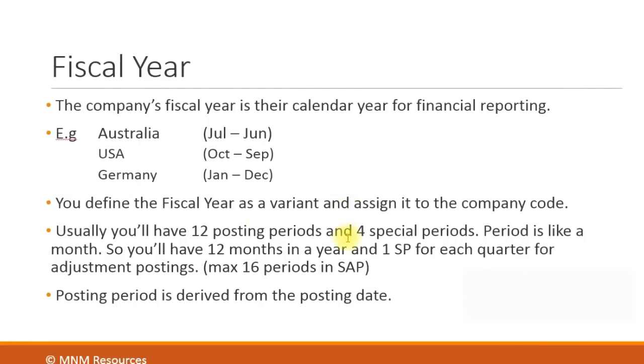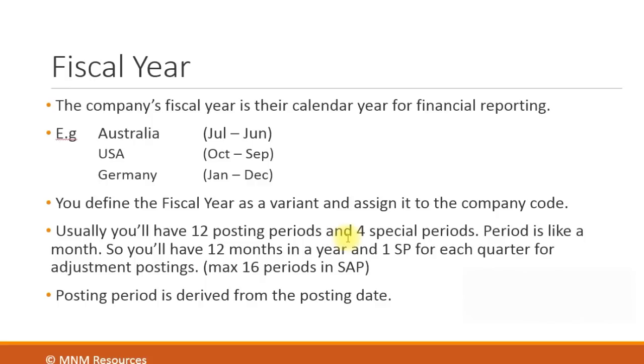A fiscal year for a company is its calendar year for its financial reporting. For example, in some countries like Australia, their financial year is from July to June. So all the companies comply with this and they produce their financial reports based on this fiscal year, which is from July to June. Now going forward in SAP, we will use the terminology fiscal year instead of financial year.